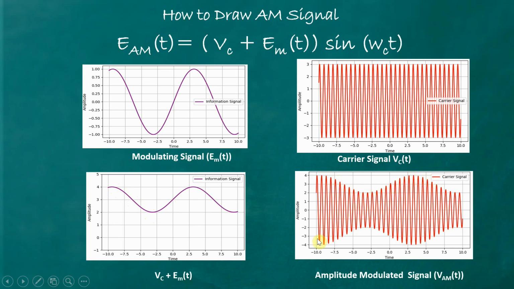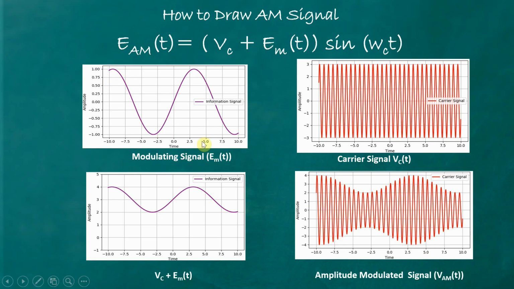Similarly on the negative side, because when we draw a sine wave it has peak value 1 volt, we indicate that peak on the positive side as well as the negative side. So similarly for the modulated signal, there is a positive envelope and there is a negative envelope. This is how you can draw the amplitude modulated signal.